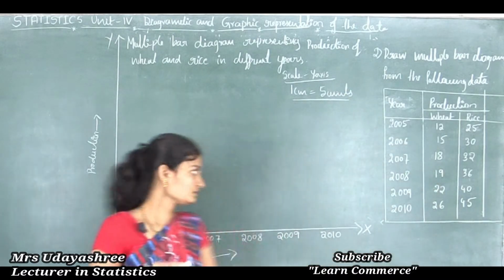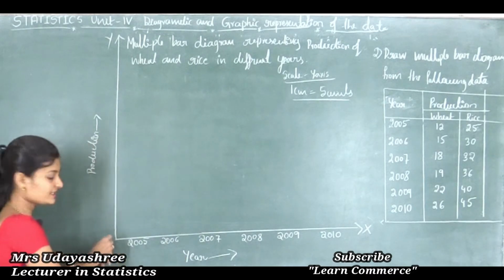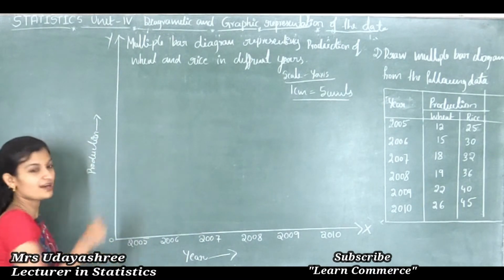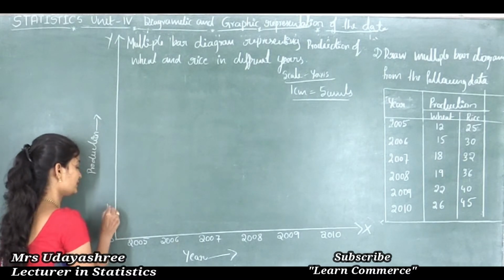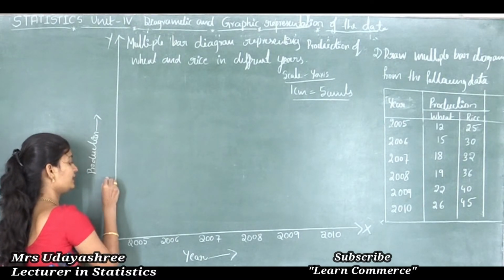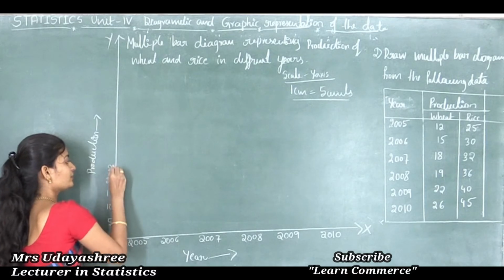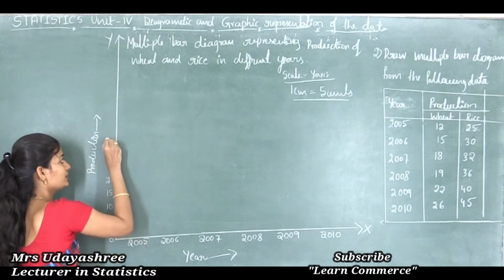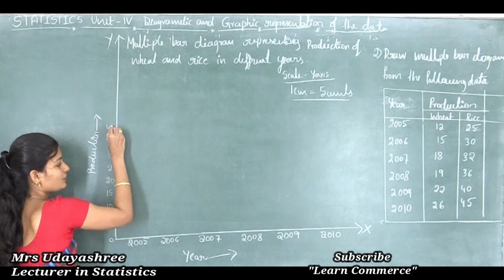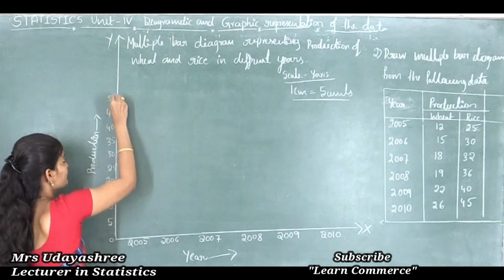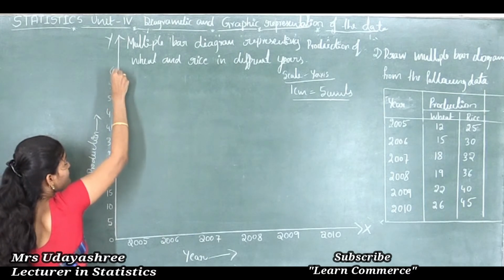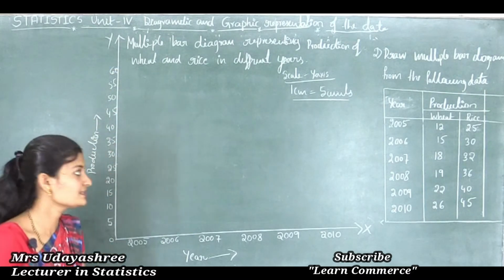So this origin is 0, and 1 centimeter is equal to 5 units. Therefore I will write 5, 10, 15, 20, 25, 30, 35, 40, 45, 50, 55, 60. I will stop here.